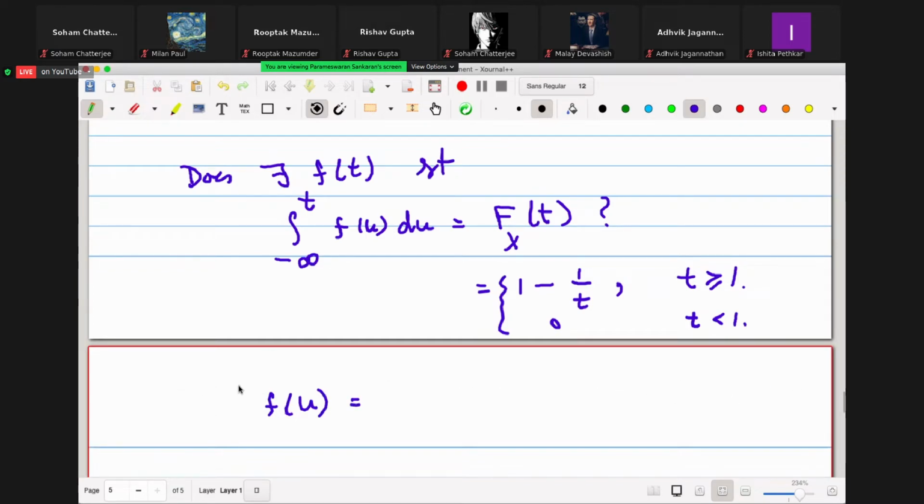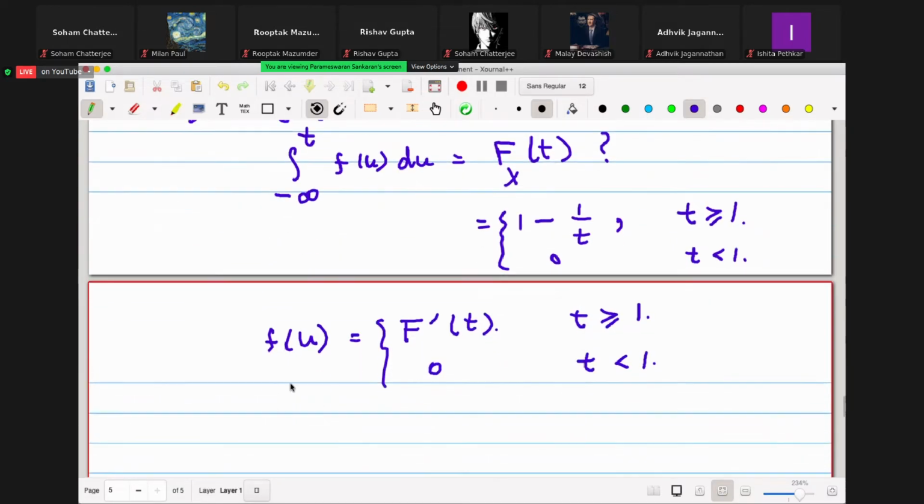So f of t is equal to F dash of t if t is bigger than or equal to 1, 0 if t is less than 1. And F need only be continuous, F need not be differentiable.